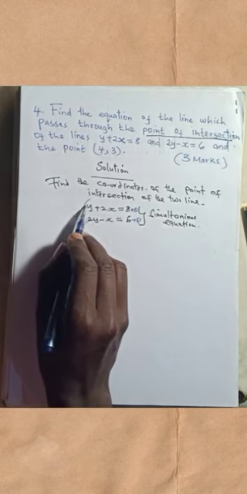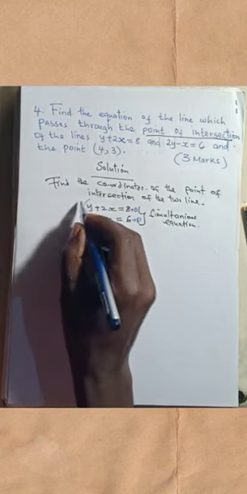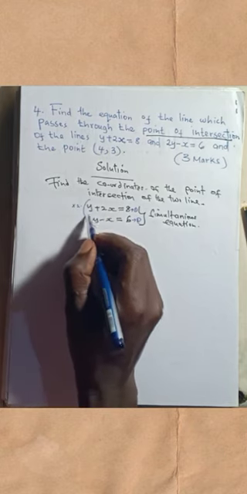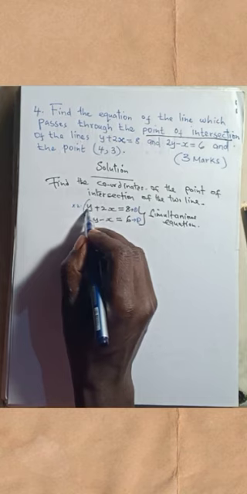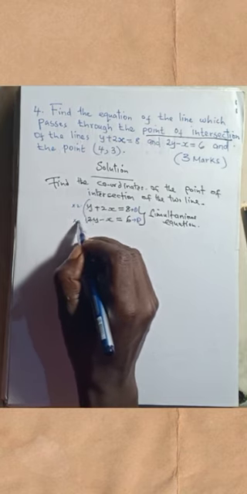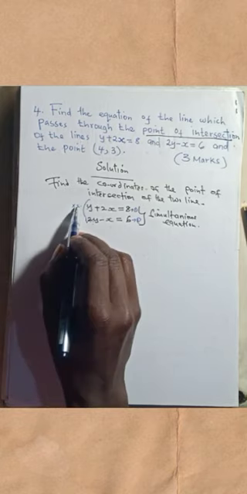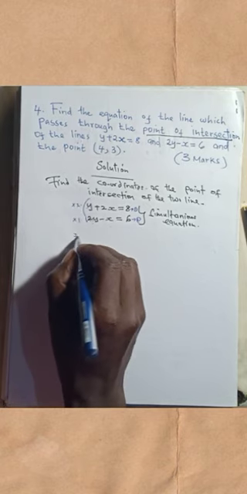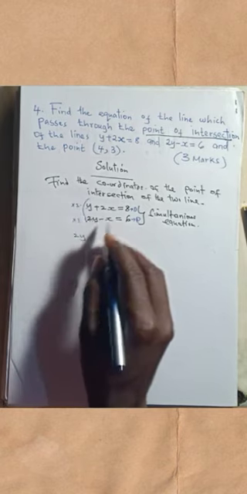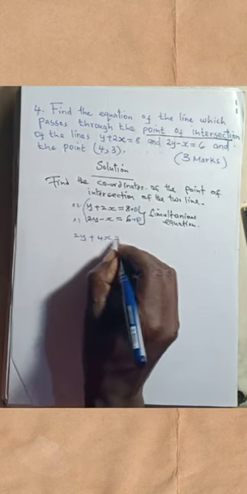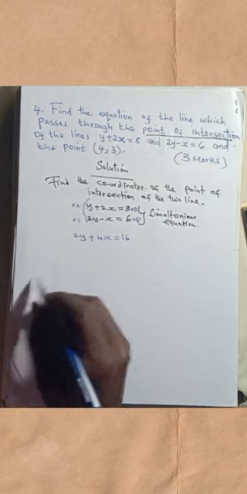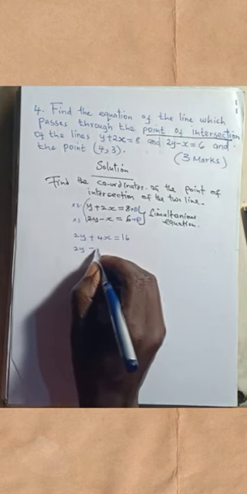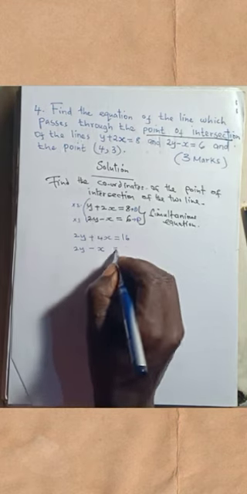I multiply equation 1 by the coefficient of y in equation 2, that's 2, which gives 2y plus 4x is equal to 16. Then equation 2 multiplied by 1, the coefficient of y in equation 1: 2y minus x is equal to 6.